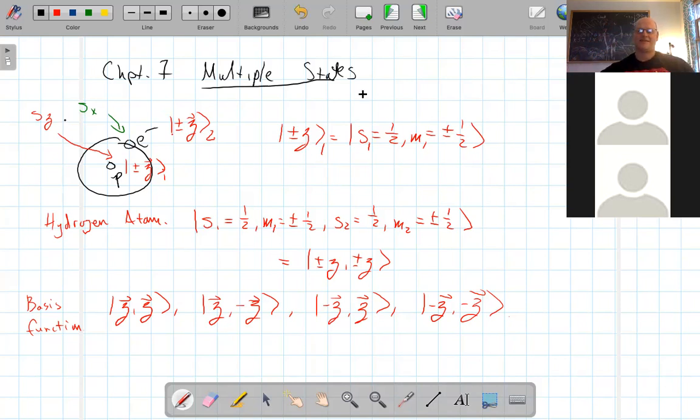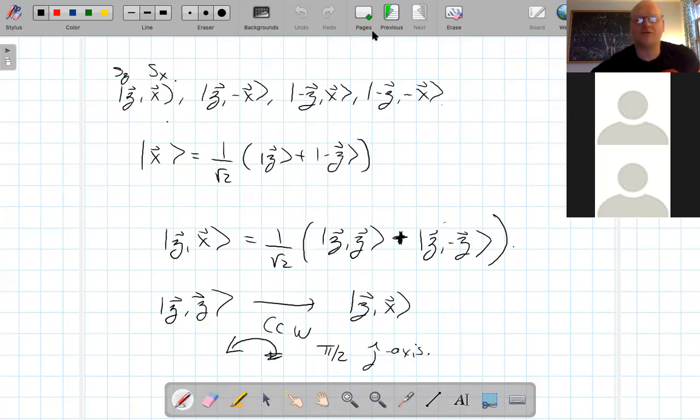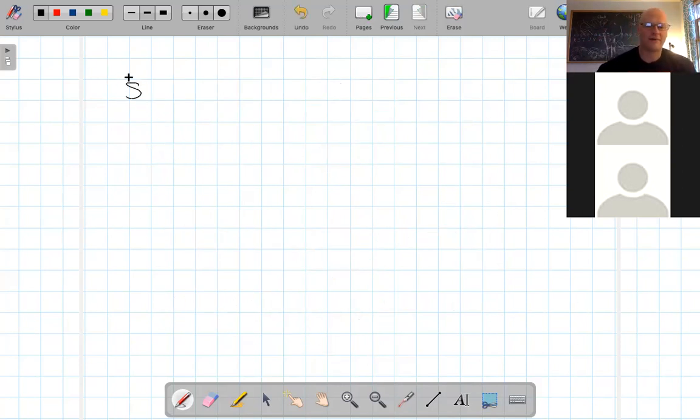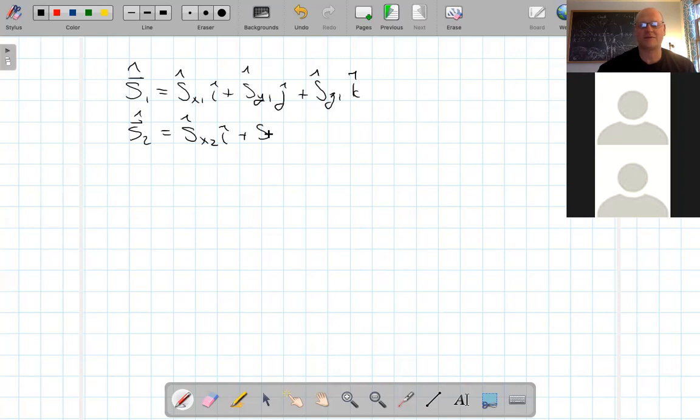So again, number 1, we're going to have spin vectors for the first object, which will be spin x1 in the i hat direction plus spin y1 in the j hat direction plus spin z1 in the k hat direction. All this is for the first particle. Simultaneously, I'll also have its own generators of spin for the second particle: spin x2 in the i hat plus spin y2 in the j hat plus spin z2 in the k hat.